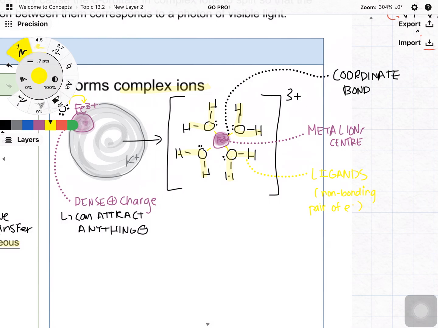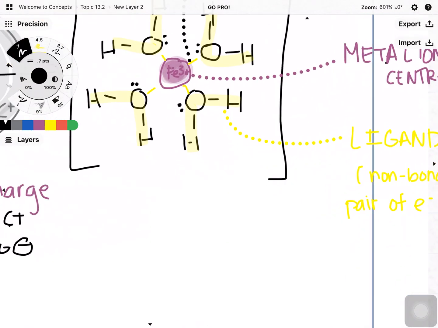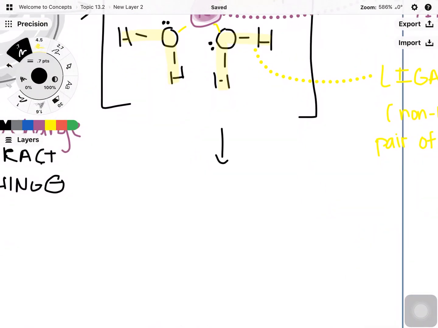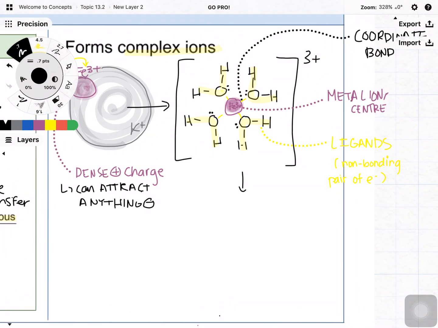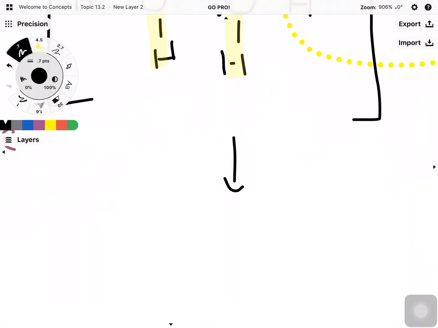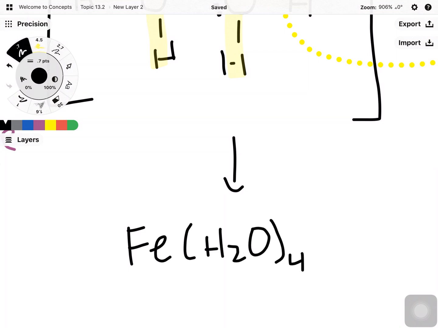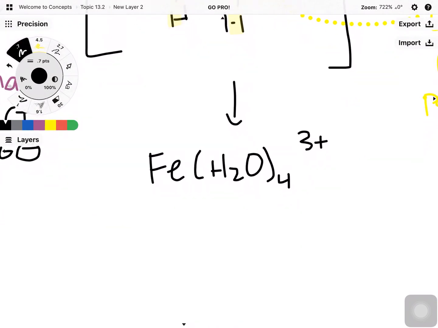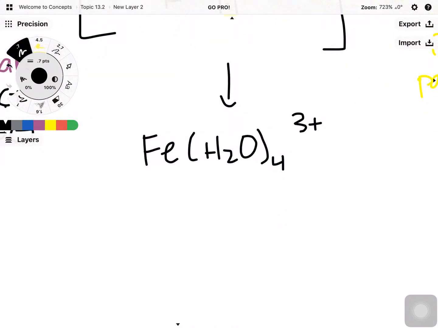Great. How do we write this out if we're trying to write the formula? Well, it's pretty straightforward. In this specific molecule, we have 1 iron and 4 oxygens. So let's write that down. 1 iron, 4 oxygens, and overall, it has a charge of 3+. Now, sometimes this ion can actually bond with a nonmetal or something that has a negative charge to form an ionic compound.